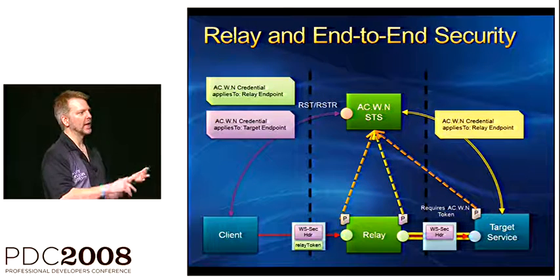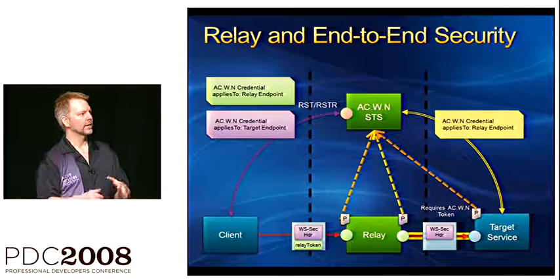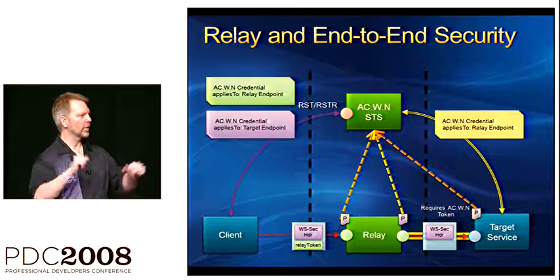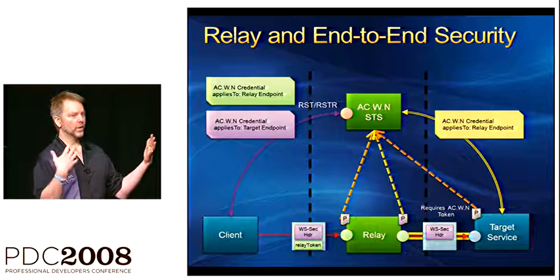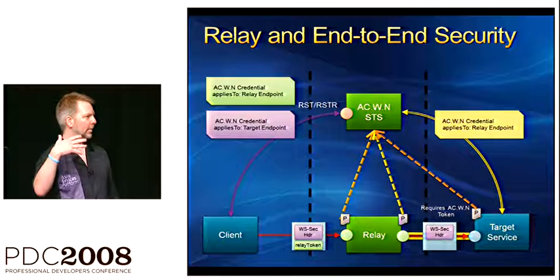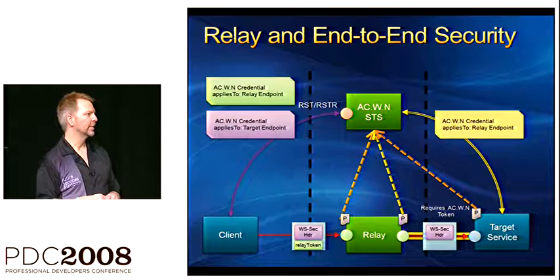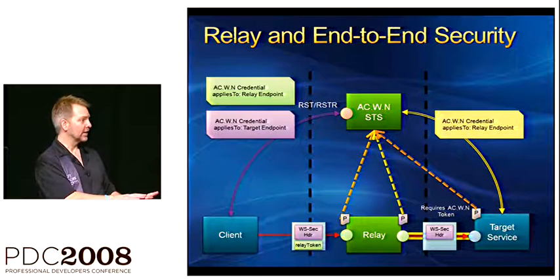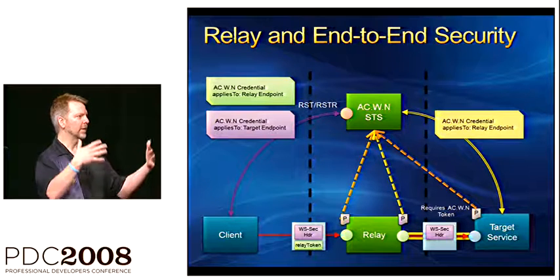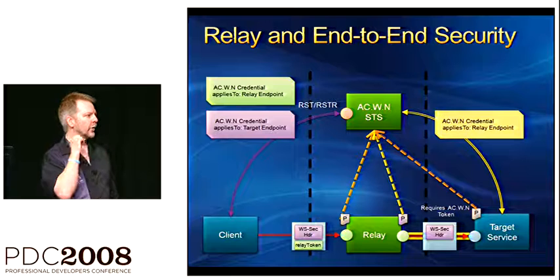So that works with Sun, that works with Tivoli, that works with the Oracle products. So almost every corporate directory works. We're also at the PDC announcing support for OpenID, which is something that we anticipate adding to our service as an inbound capability over time. That's not something that's in there today. WS-Trust is in there today, but we're very flexible with respect to how those tokens come in.